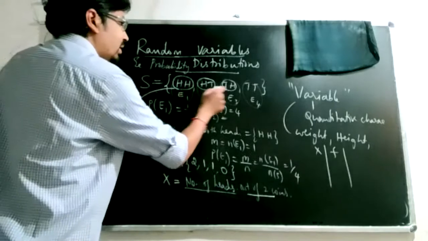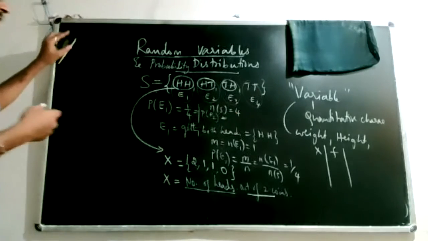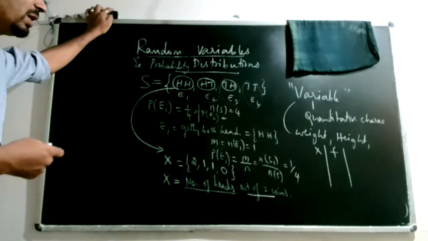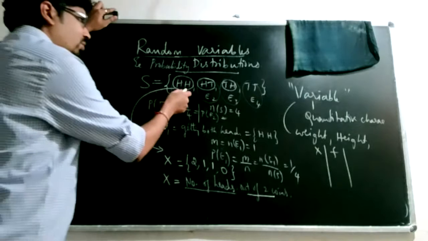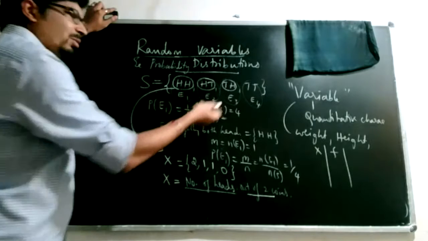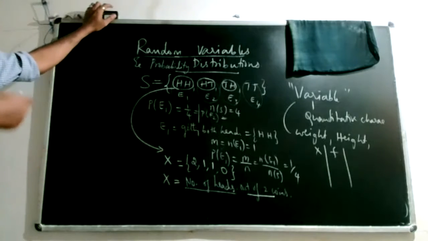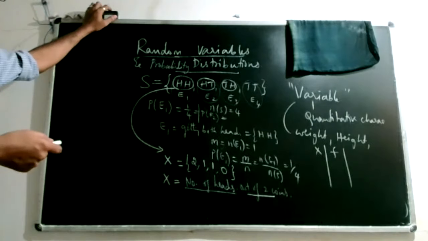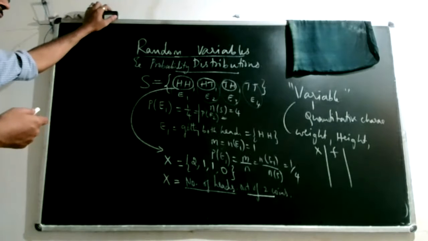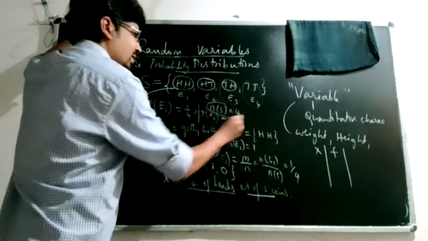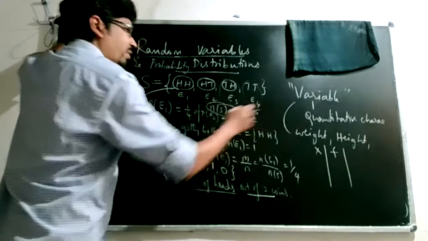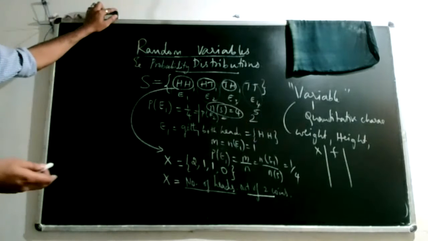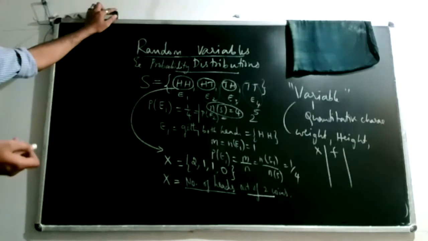So in the last class we observed that writing the sample space is easier for the case where we talk about 2 coins or 3 coins or at the most 4 coins. But when the number of coins increases, writing the sample space becomes tedious because the number of elements in the sample space will be 2 power 5 for 5 coins, 2 power 6 for 6 coins, 2 power 10 for 10 coins.